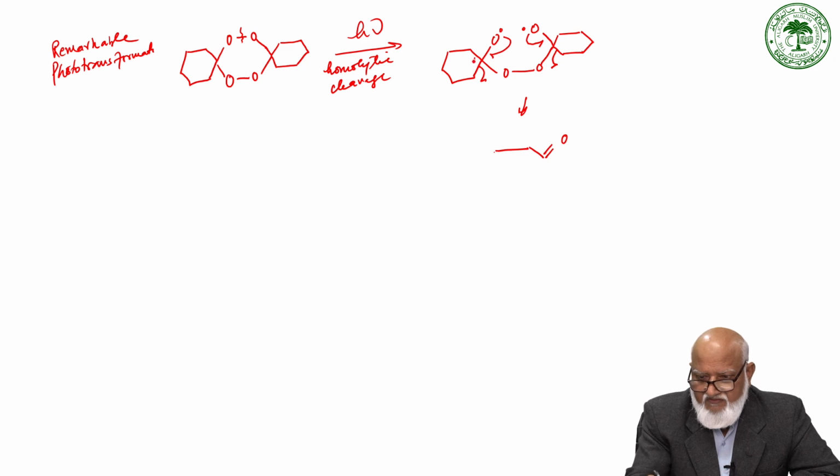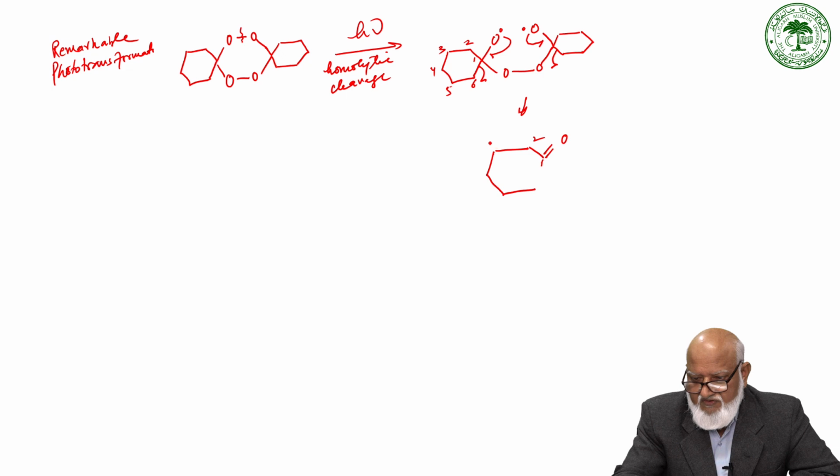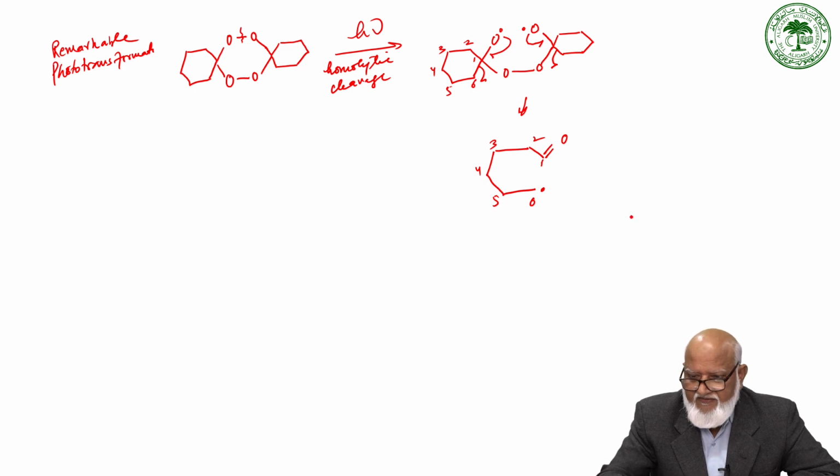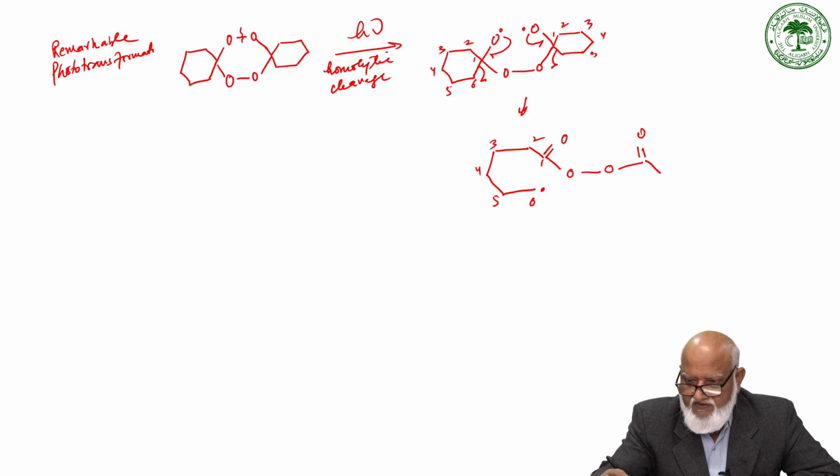Let's number this 1, 2, 3, 4, 5, 6. So at the 6 carbon we have a radical, and then same as here, there is an oxy, and then we have a carbonyl. So let's number this 1, 2, 3, 4, 5, and 6.